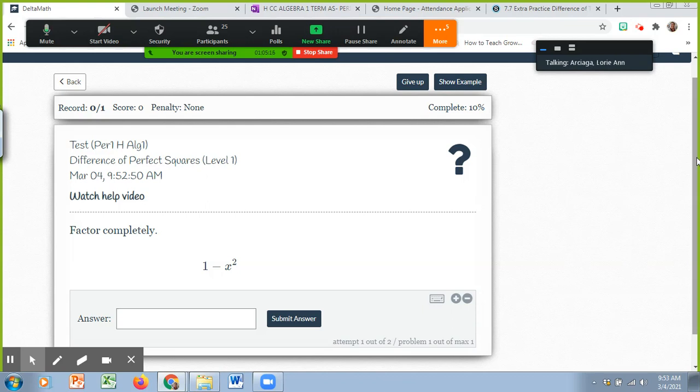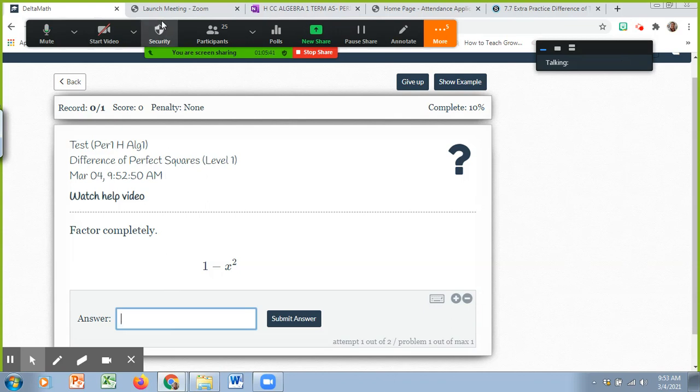All right. So the first one is 1 minus x squared. I think at this point you're at a place where you can kind of do it in your head now. Hopefully. Let's try. Okay, so you got them all right. Yay! Happy for you, honey.